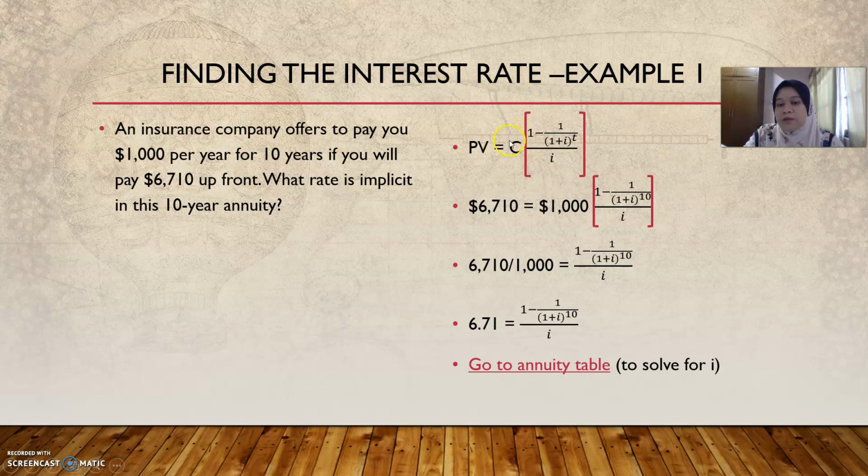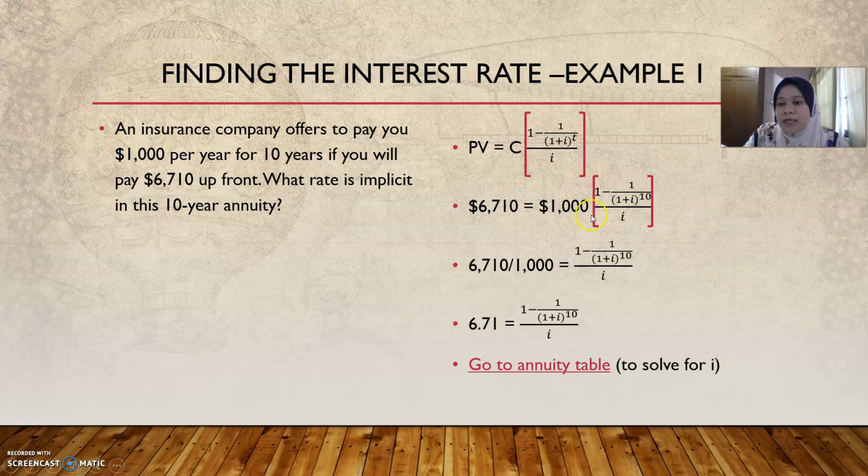Present value equals C, which is your coupon payment, times 1 minus 1 divided by 1 plus I to the power of T, or N, it is just the same, divided by I, the interest rate. We know that the present value is 6,710 and C, the annual payment, is 1,000 because you pay 1,000 per year.